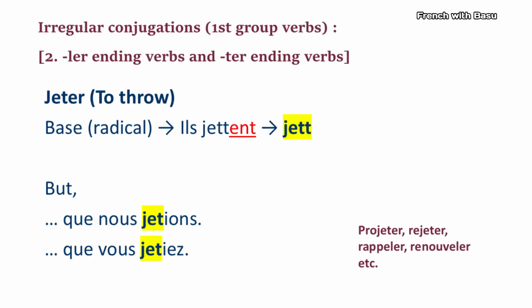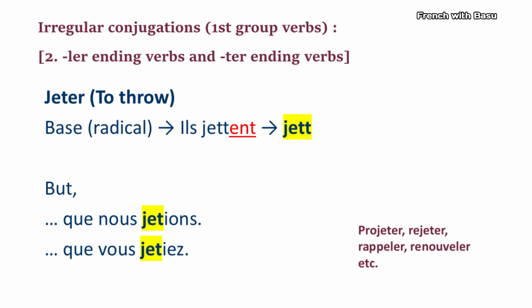Number 2. ler ending verbs and ter ending verbs. Not all ler ending, not all ter ending verbs. Verbs which double the consonant in the third person plural have only one consonant in the nous and vous forms.